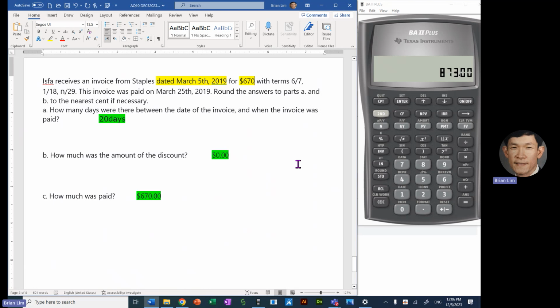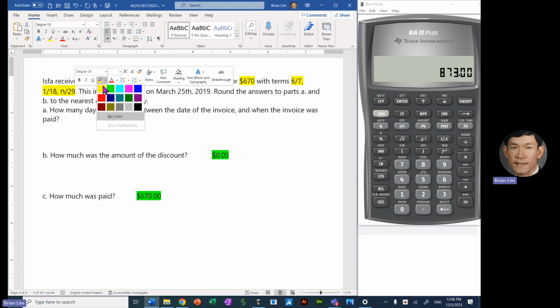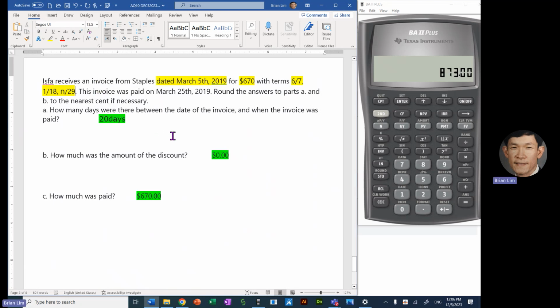You're in business, you're business kinds of people, so you're interested in numbers. Now the terms, these are the terms: 6% if paid within 7 days, 1% after 7 but before 18 days, and then no discount after the 18th day, but the invoice must be paid by the 29th day.